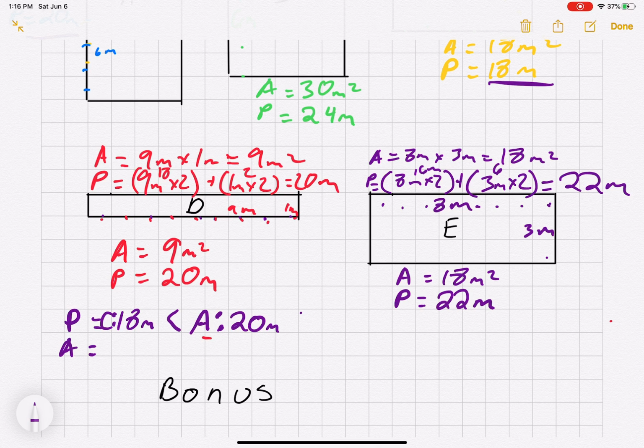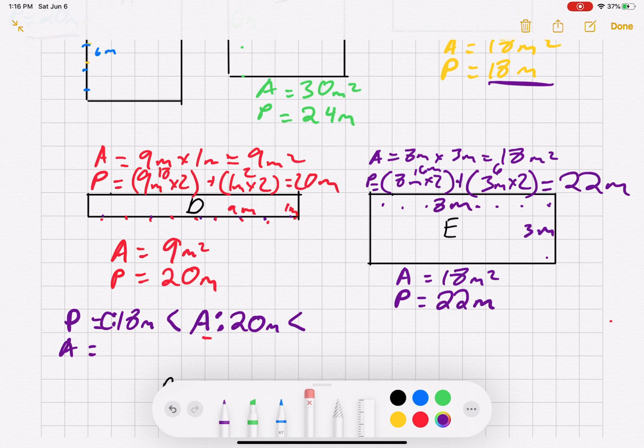And then I have another 20 meters. So those ones are actually equal to each other. I'm just going to put a little comma there because they're equal to each other. So those two are next. So that's B, which is 20 meters, and then I also have D, which is 20 meters. And then I have E, which is 22 meters.